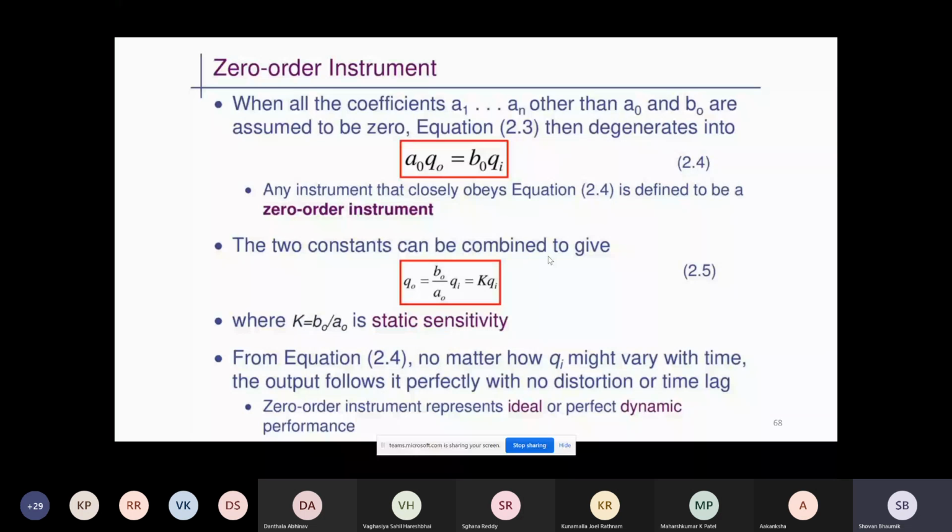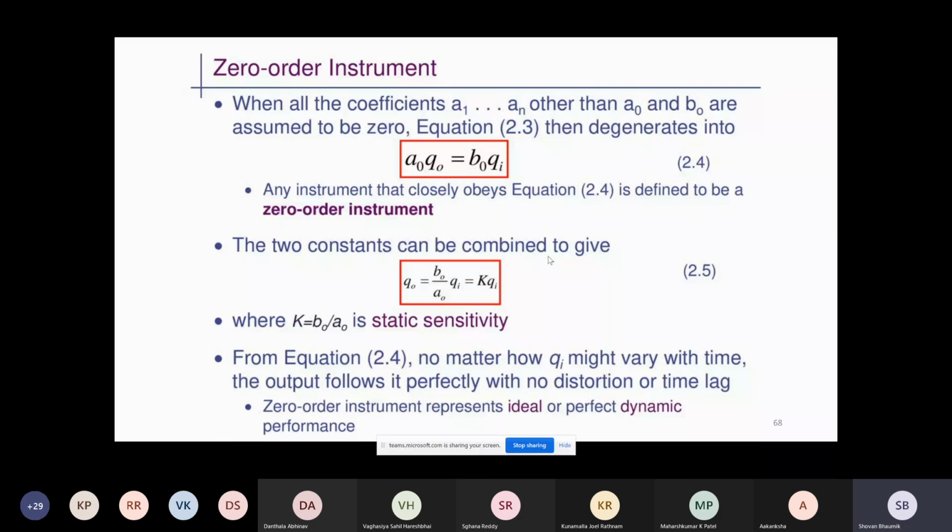So the zero order instrument is the ideal or perfect dynamic instrument which every instrument engineer prefers, because the output can follow the input perfectly without any time delay, lag, or distortion. You just multiply some constant with the input and you get the output.